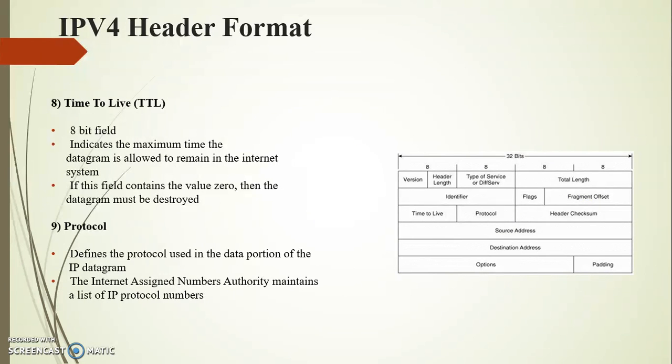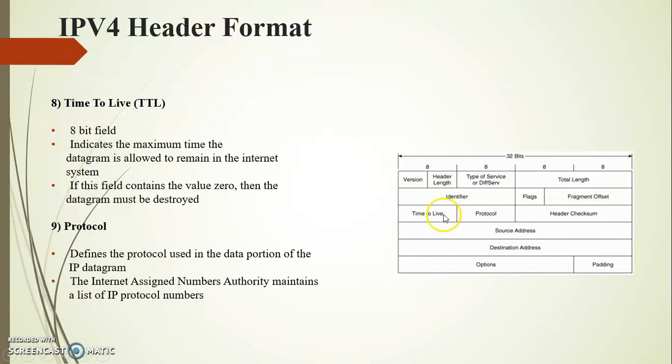Then time to live. What is meant by time to live? It tells the network how long an IP packet can exist in a network before it is destroyed. It is an 8-bit field that indicates the maximum time the datagram is allowed to remain in the network system. If this field contains the value 0, then the datagram must be destroyed.